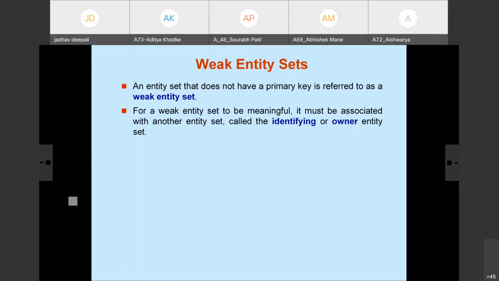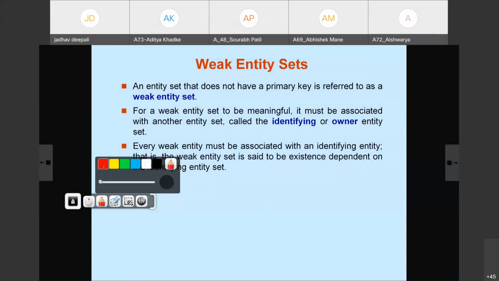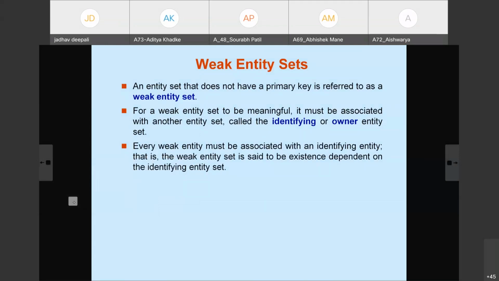For a weak entity set to be meaningful, it must be associated with another strong entity set called the identifying or owner entity set. So every weak entity set must be associated with an identifying entity set. That is, a weak entity set is existence dependent.